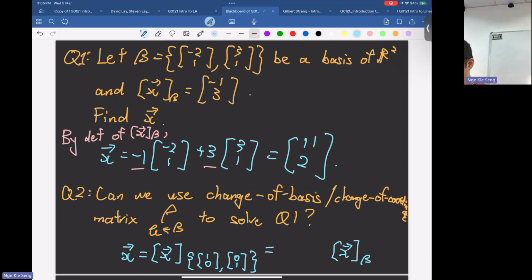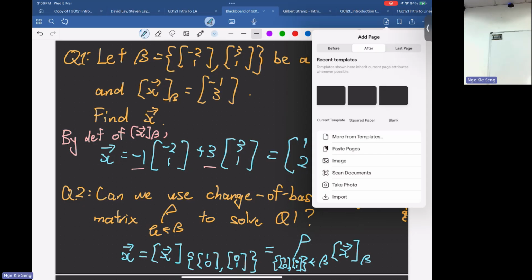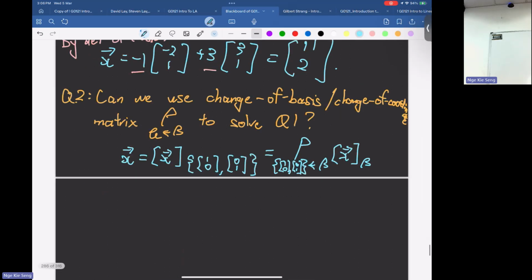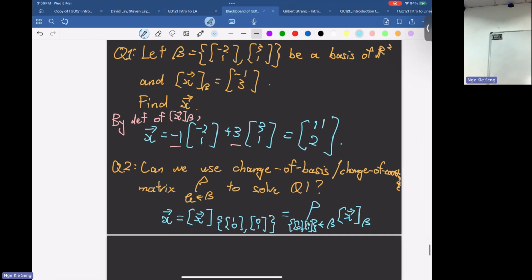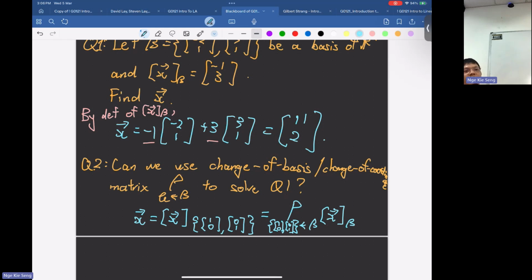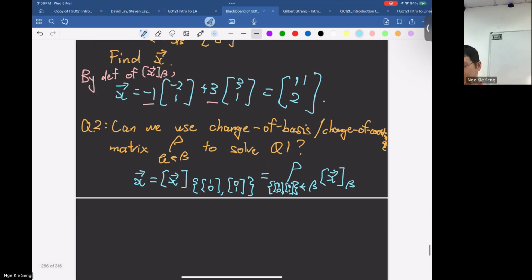So the problem is, what is this P_B to the standard basis here? How do you find this change of basis? This will be coming out in your quiz: how to build a change of basis matrix, how to form this matrix from B to the standard basis.